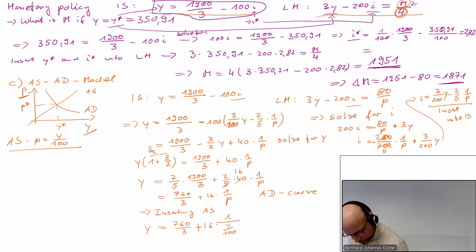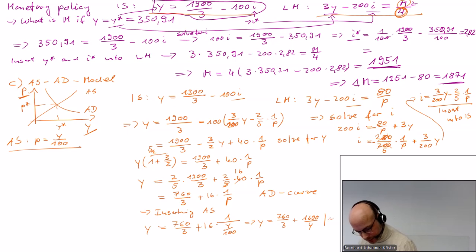And this is then Y equals 760 over 3 plus, and this is 1600 over Y. This we have to solve for Y. What are we doing?